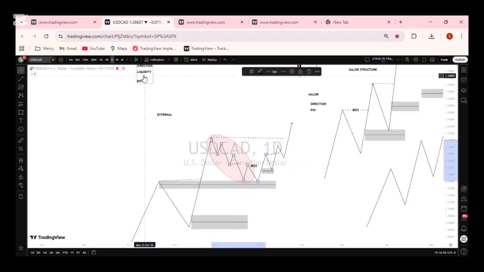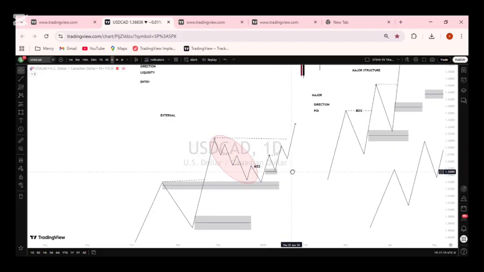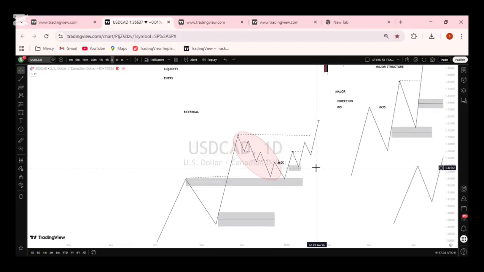So mostly the external structures build up liquidity, and once you see a break of the external structures, it might be a liquidity sweep that the market is taking. So you need to pay attention to that as well.